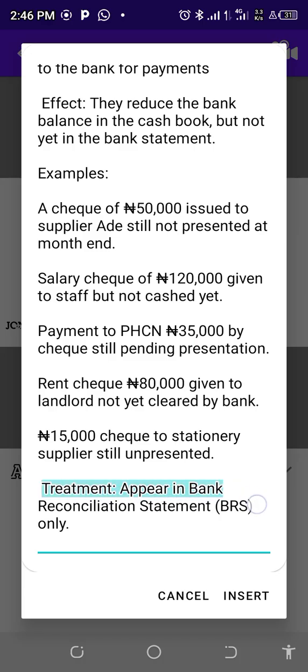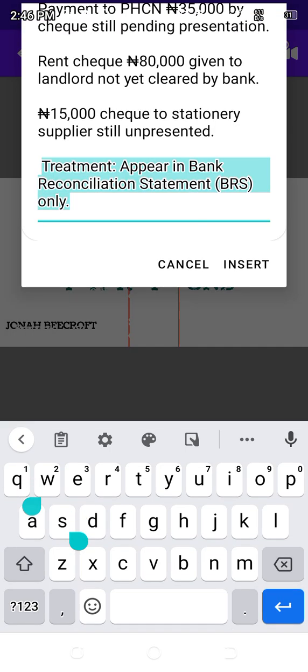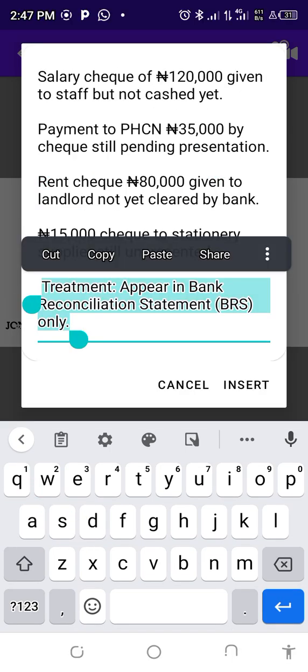How do we treat unpresented cheques? Unpresented cheques are treated in the reconciliation segment of the bank reconciliation. Our workings in the bank reconciliation statement comprise 2 sections.